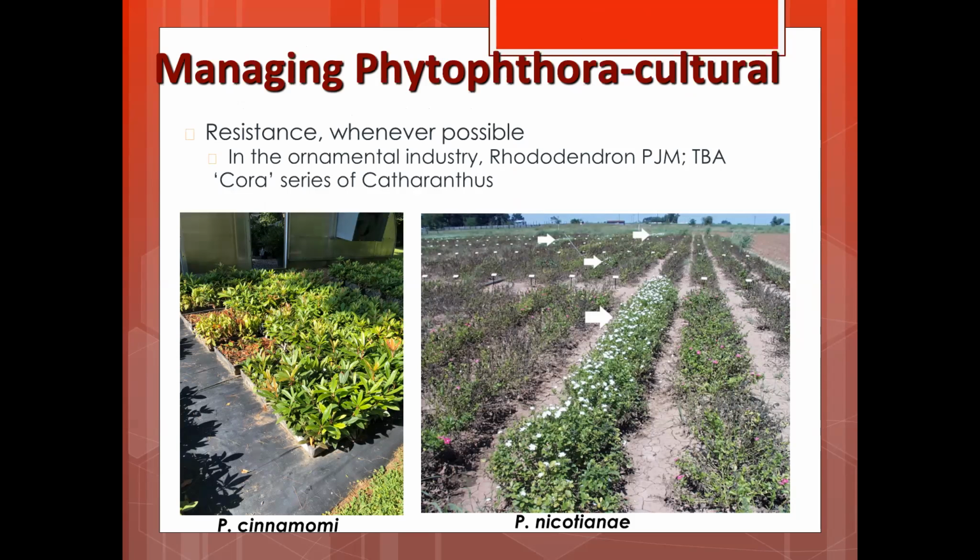And this was out in eastern Ohio, and I'm blanking on the name of the research center that was evaluating Phytophthora cinnamomi resistant rhododendrons. But there is this work going on, and I think we should support it because it just makes for a better grower and end user experience.